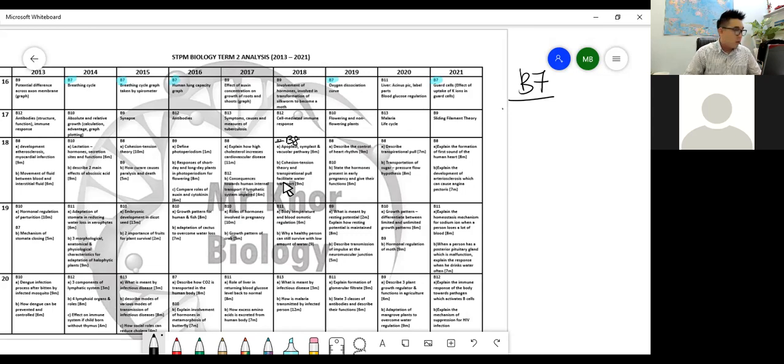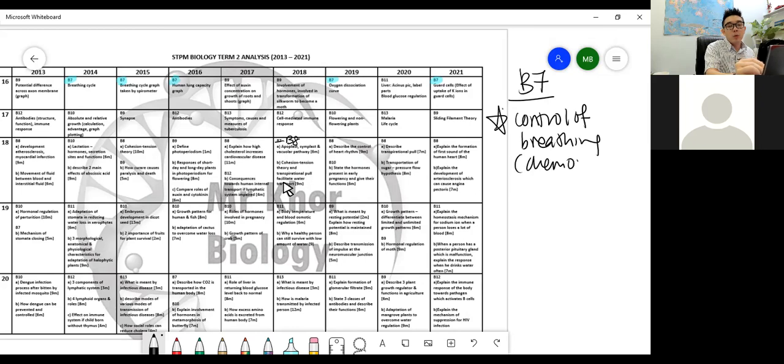So if they want to ask, I would say all these are quite important. Control of breathing mechanism, meaning something to do with chemoreceptors, central and peripheral.